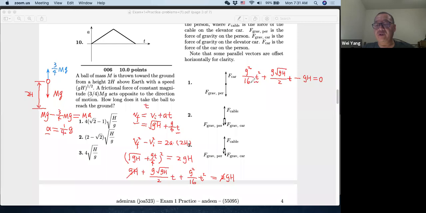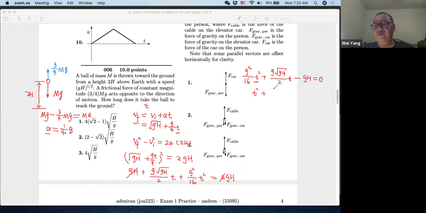So now let's do this. Both sides I multiply by 16, then I divide by g squared. So we get t squared plus, after times 16, this one will be 8g times this one, then divided by g squared.